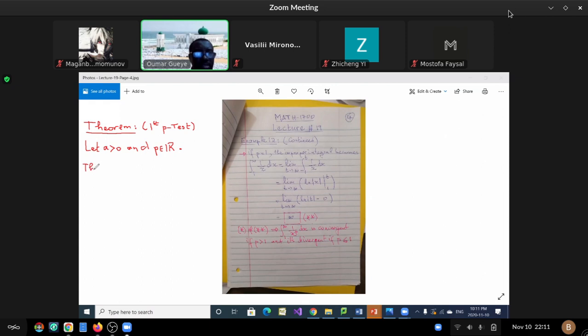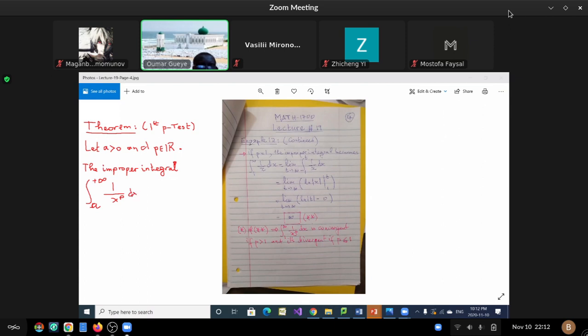In this case, the improper integral given by the integral from a to positive infinity of 1 over x to the power p dx.